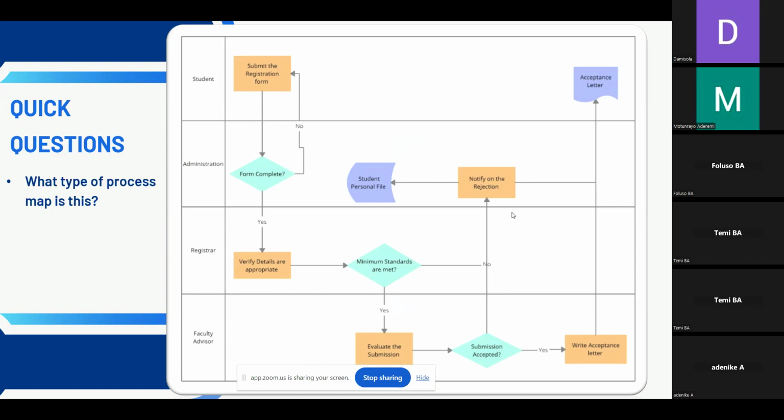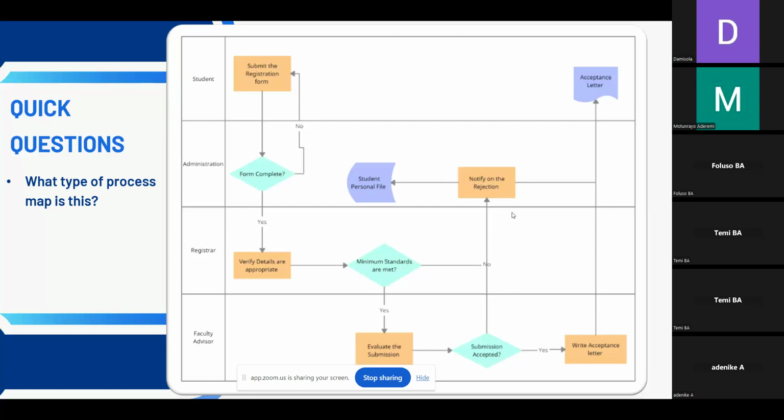Shadrach, why did you say cross-functional? I think it has to do with the student, administration, registrar and advice. So that was similar to the clerk one you talked about, if I'm not mistaken. They're different functions, yeah? Yeah. That's very correct.